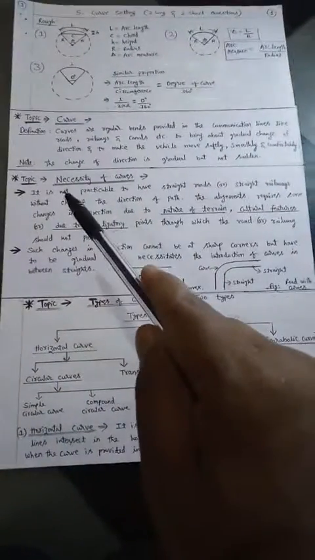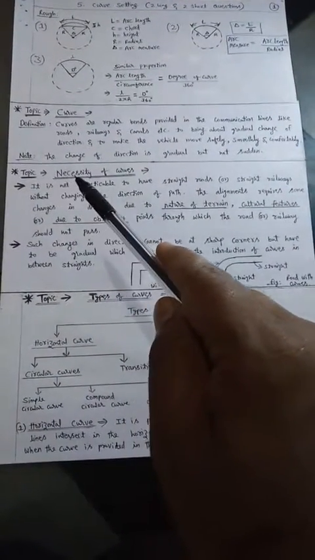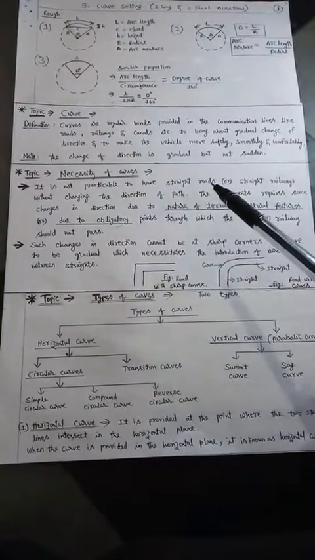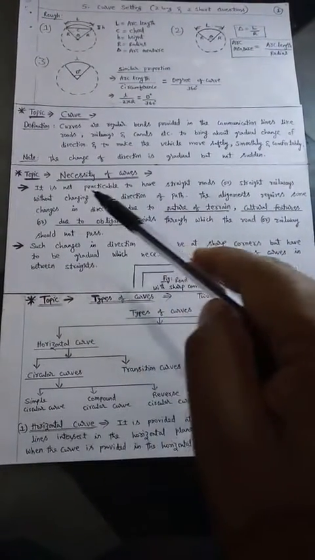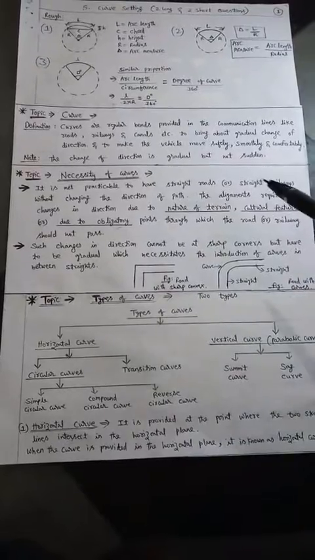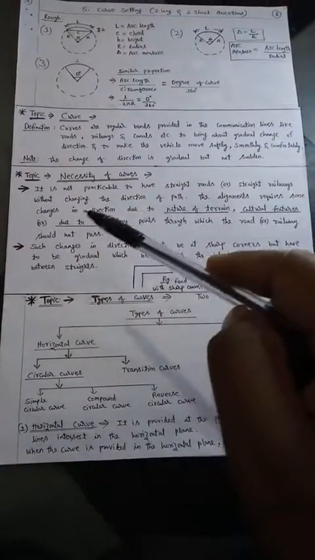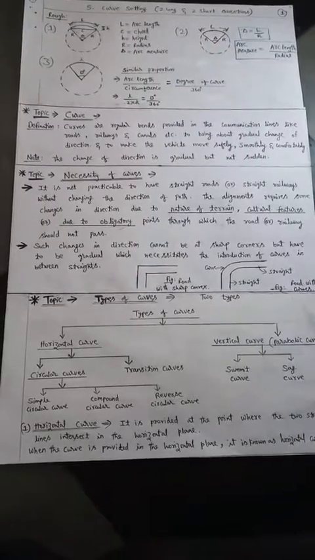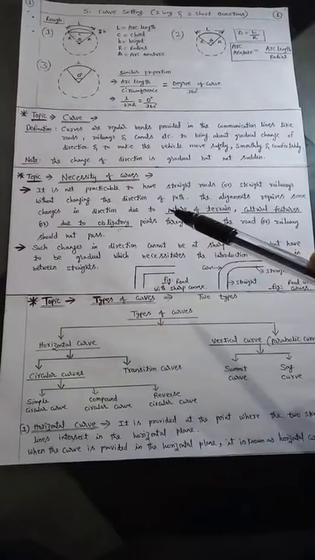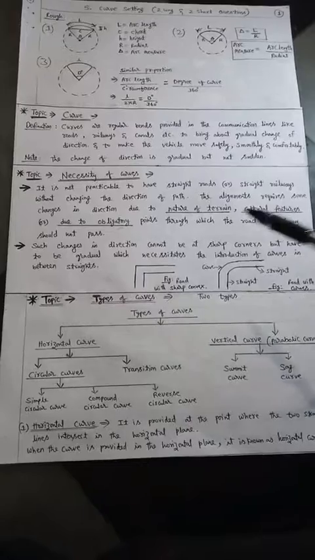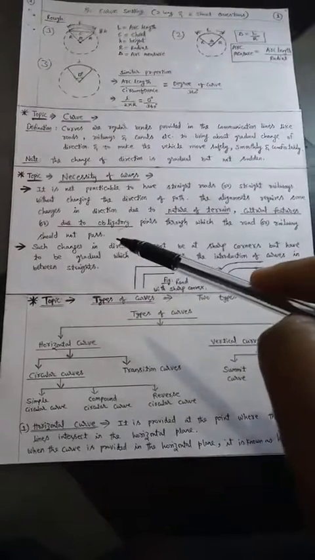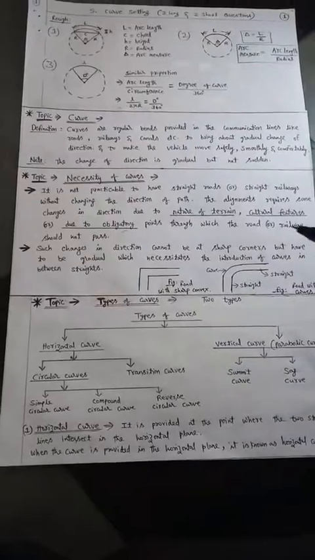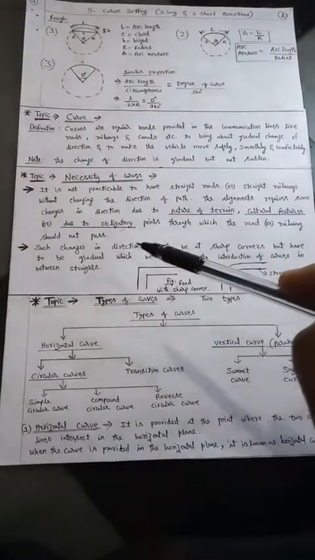So the next topic in curve setting is the necessity of curves. It is not practicable to have straight roads or straight railways without changing the direction of the path. Alignment requires some changes in direction due to the nature of terrain, cultural features, or obligatory points through which the roads or railways should not pass.